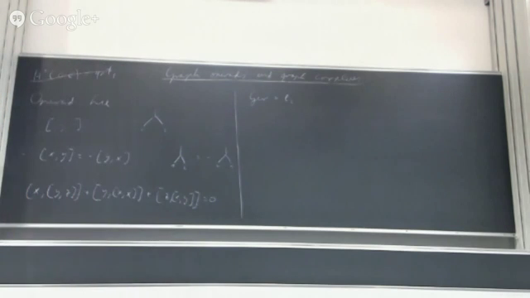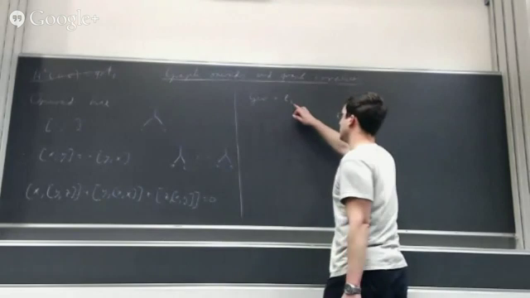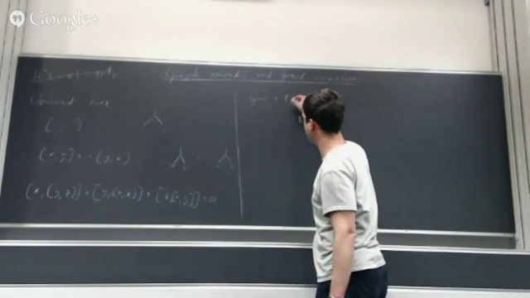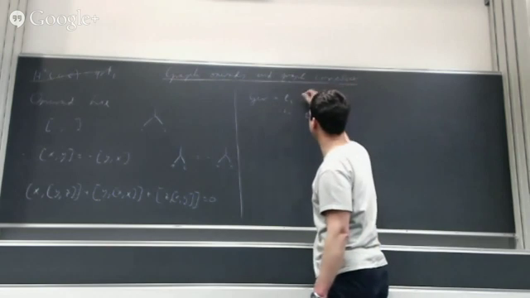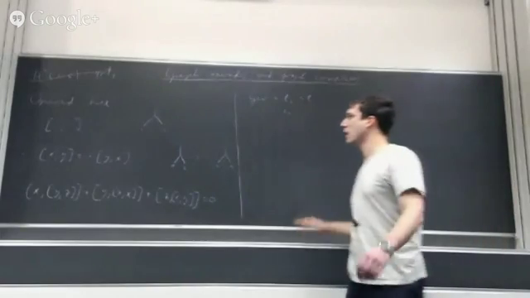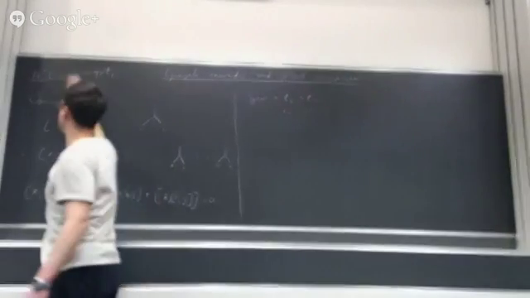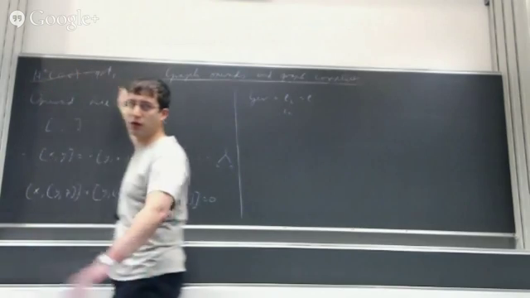The paper is called Kontsevich graph complex and Grothendieck-Teichmüller Lie algebra.